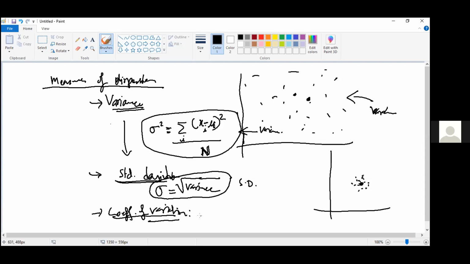It is just a ratio. It is usually represented as CV. It is the ratio of standard deviation to the mean.